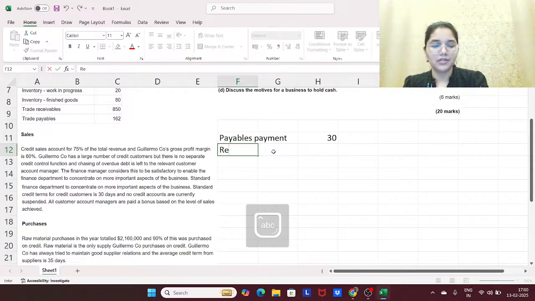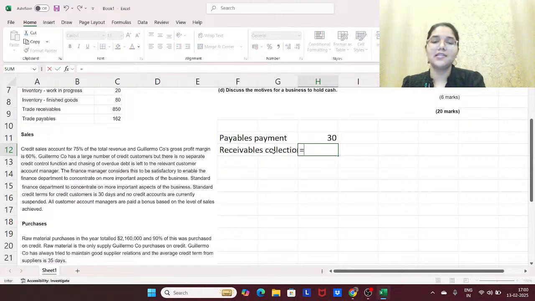Let us talk about the receivables collection. So, receivables collection period is going to be receivables in your numerator and in the denominator the reason why you have receivables. You have receivables because you have made your sales on credit. So, first of all, let us take the receivables amount. Receivables amount is directly given to us, 850. This needs to be now divided by the credit sales.